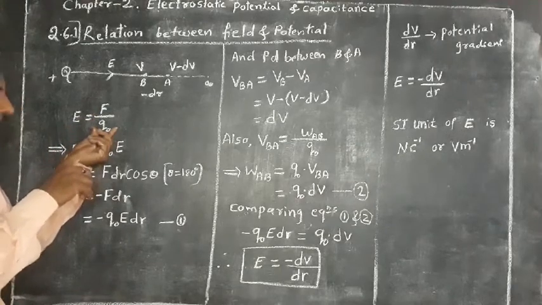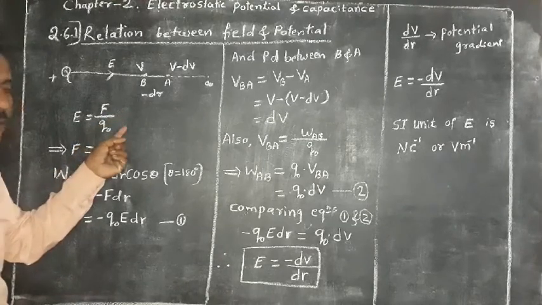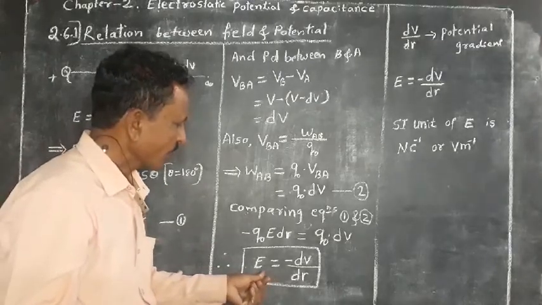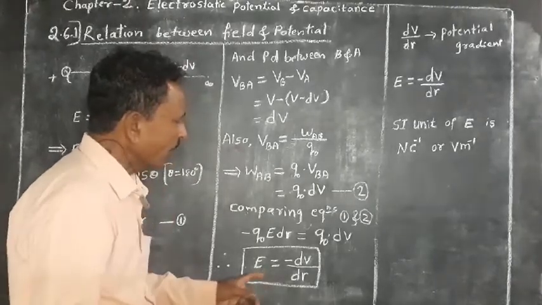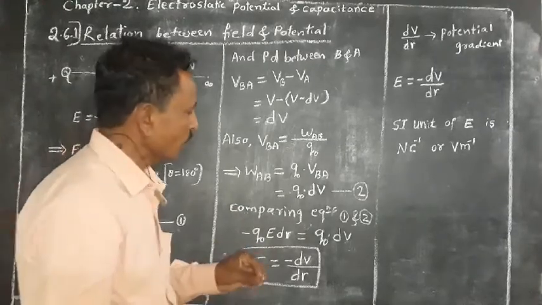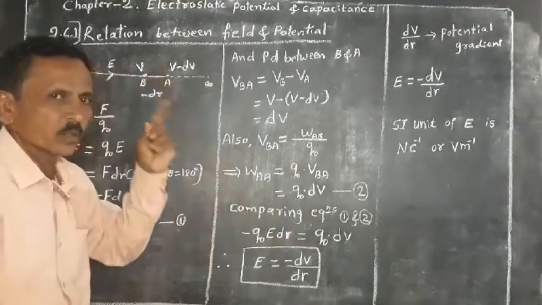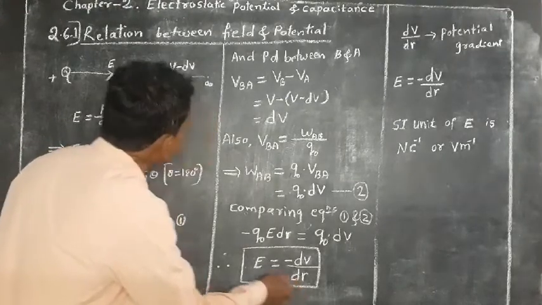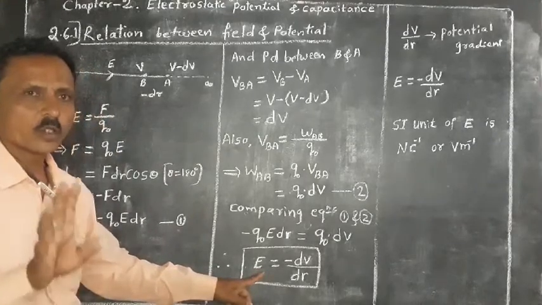According to this definition, if the potential difference between two points is 1 volt and the distance between the points is 1 meter, then the intensity is said to be 1 volt per meter.